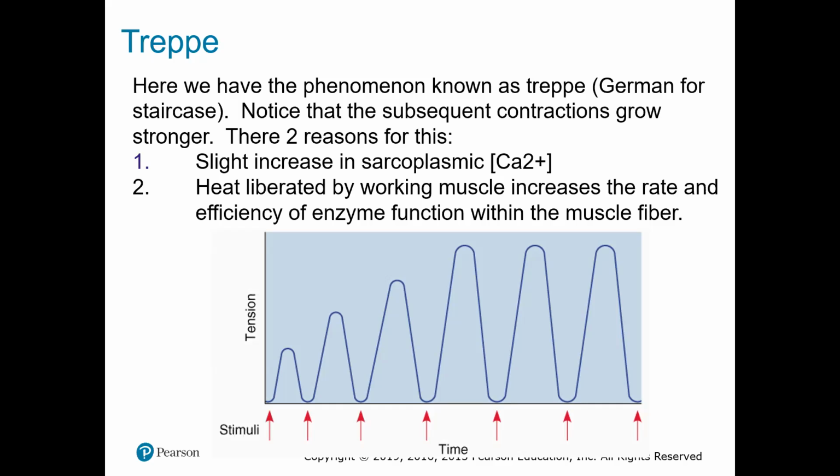This is what we see in warm-up exercises before some sort of athletic event: baseball, football, basketball, track, cross country, or swimming. You stimulate your muscle cells, let them rest, stimulate them again, let them rest, stimulate them again. It warms them up and increases the level of calcium in the sarcoplasm.